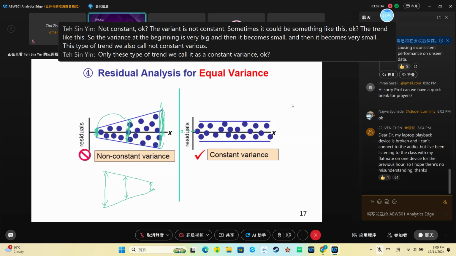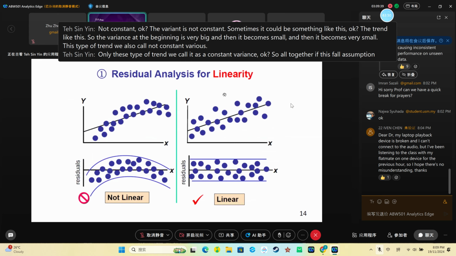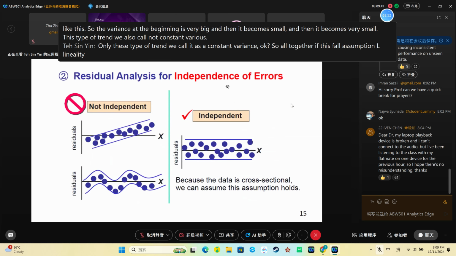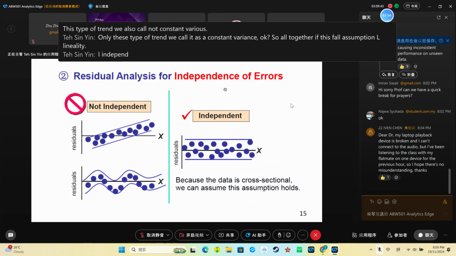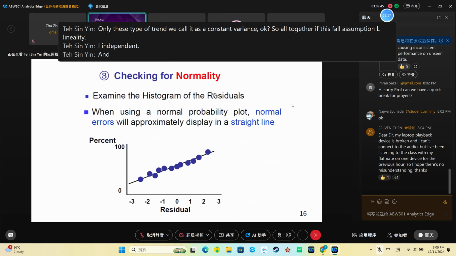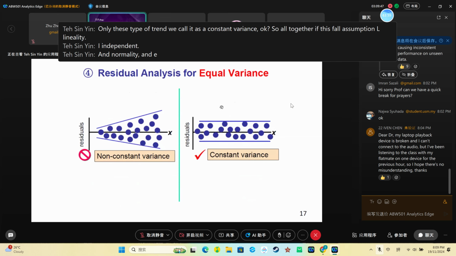Okay, so altogether, these 4 assumptions: L linearity, I independent, N normality, and E equal variance.